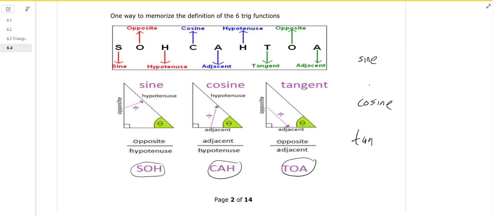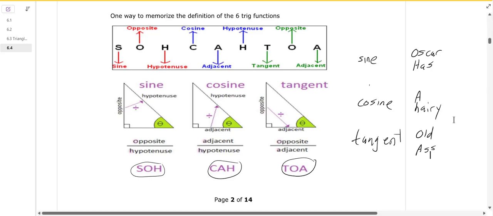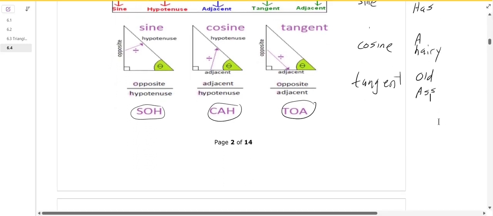If you write those down in that order, then you just remember this phrase: Oscar has a hairy old ass. So he was the winner. Of course, it's talking about Oscar and his pet donkey. But anyway, that's another way that somebody taught me how to do that. I think our textbook teaches a different way too. So there's lots of ways to learn that.